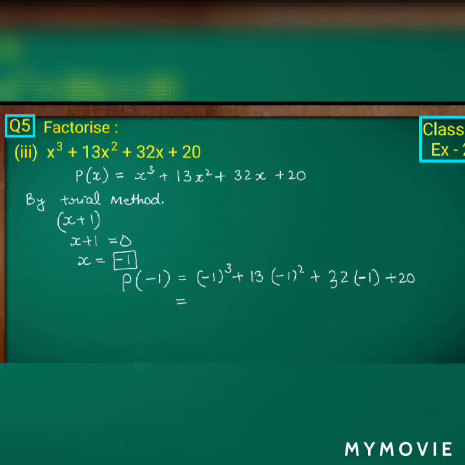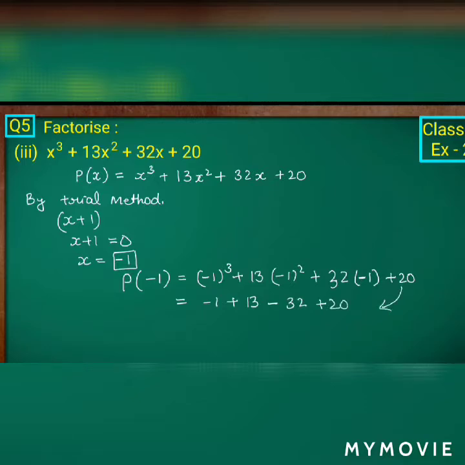Let's check. Minus 1 whole cube is minus 1. Minus 1 whole square is plus 1, and plus 1 into plus 13 is plus 13. Plus 32 into minus 1 is minus 32, plus 20.